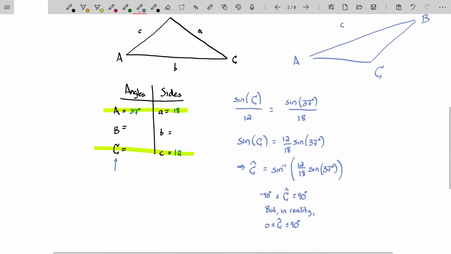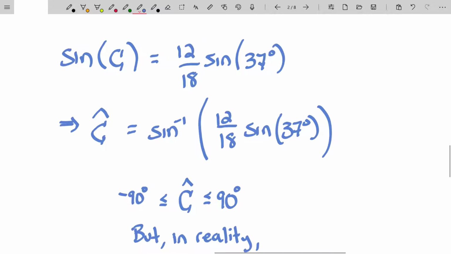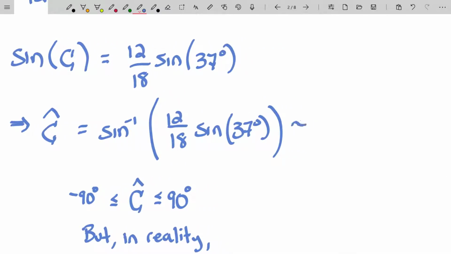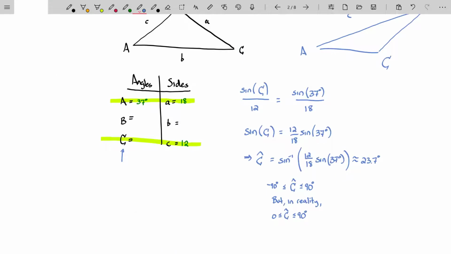That is, if we do this C hat here, and we find that it's roughly 23.7 degrees, which it actually is, then we're going to say, okay, well, C is 23.7 degrees.